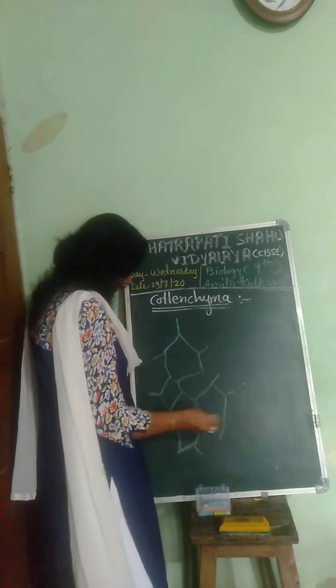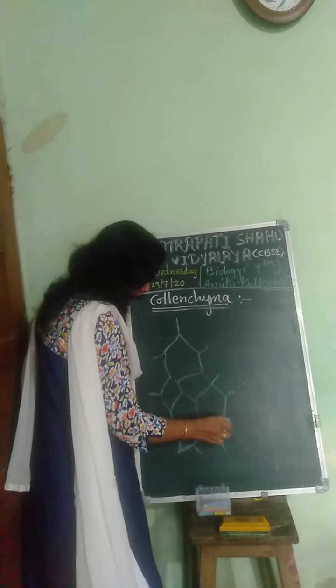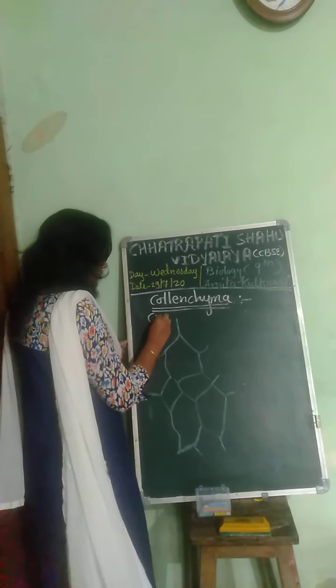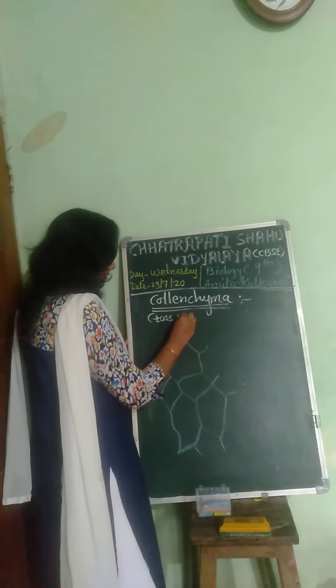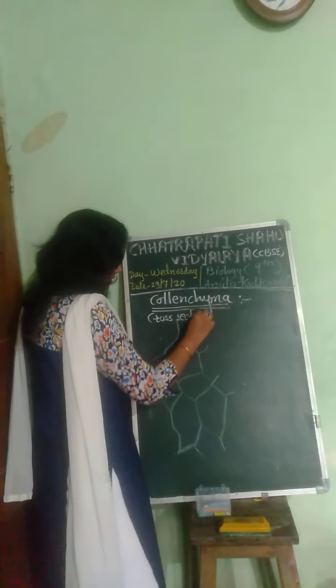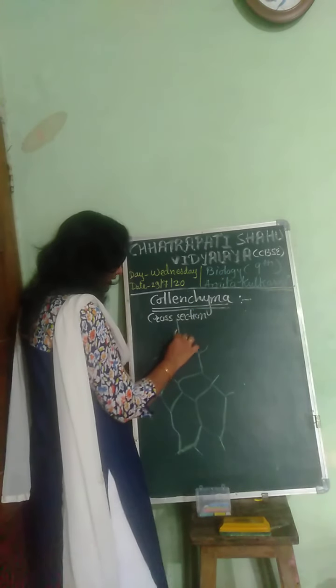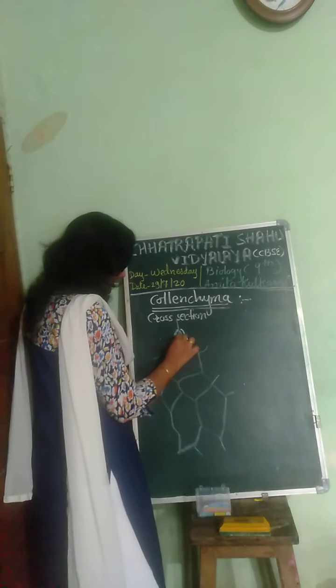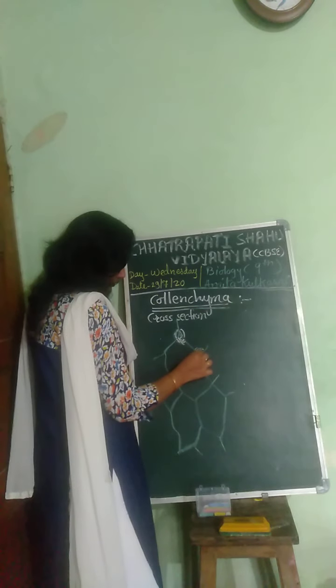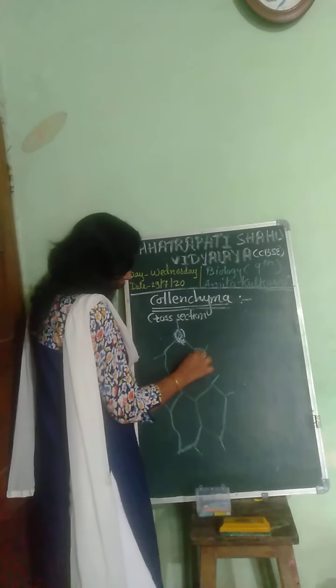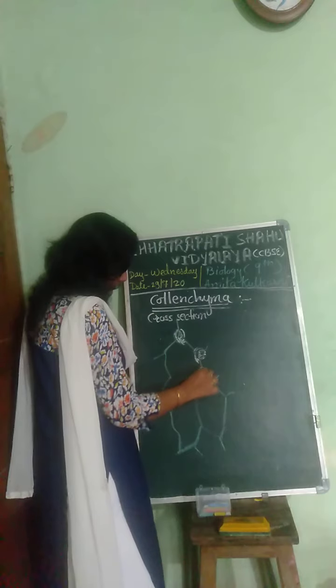So this is the structure which looks like under the microscope in the cross section. So this is the cross section, and at the corners the cell walls are thickened.